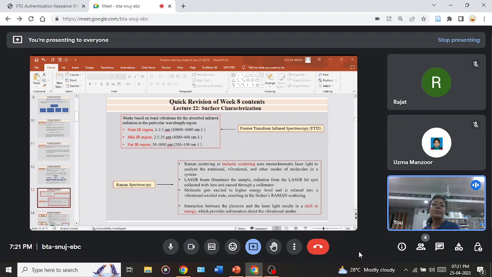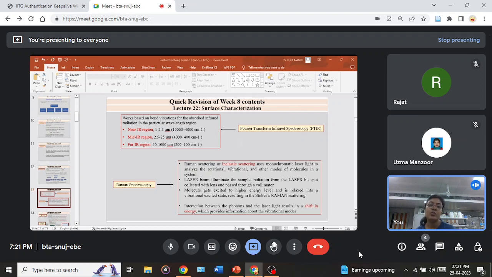The laser beam illuminates the sample, and radiation from the laser hit spot is collected with a lens and passed through the collimator. Molecules get excited to a higher energy level and relax into a vibrational excited state, resulting in Stokes-Raman scattering. You can remember the principles and several applications of it.